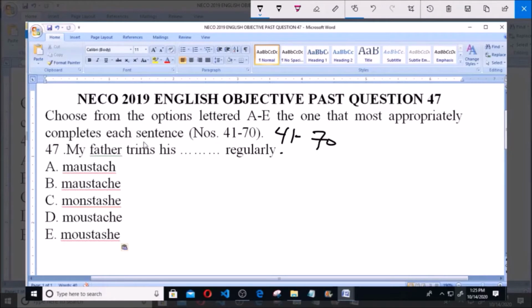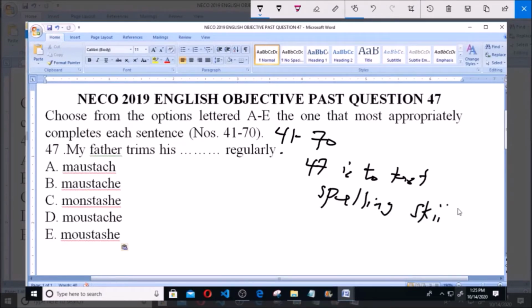So the subject here is singular and the verb here is also singular. But this question number 47 is to test spelling skills. So option A says mustache, B says mustache, C says mustache, D says mustache, E says mustache.